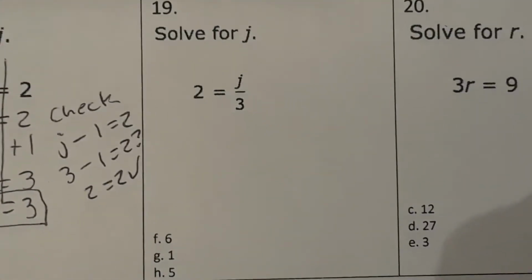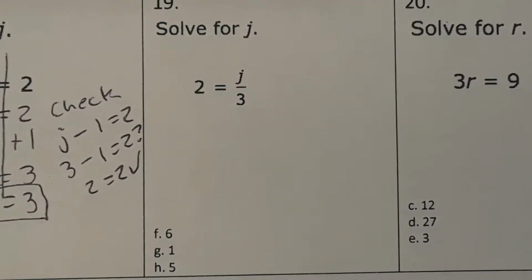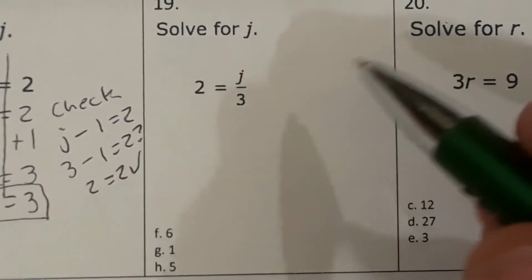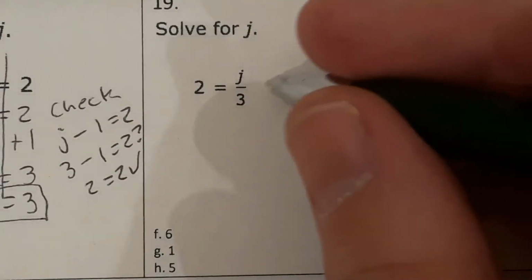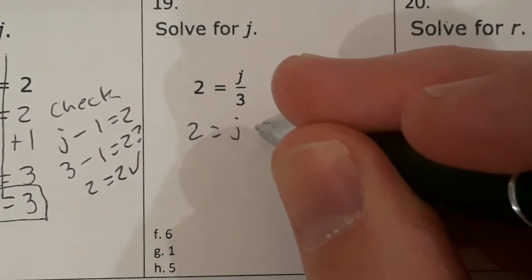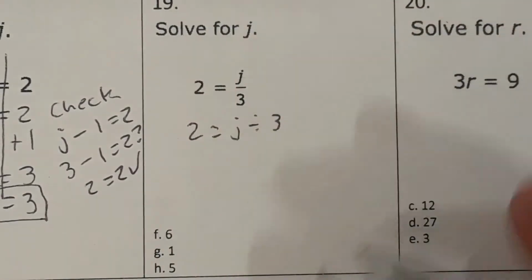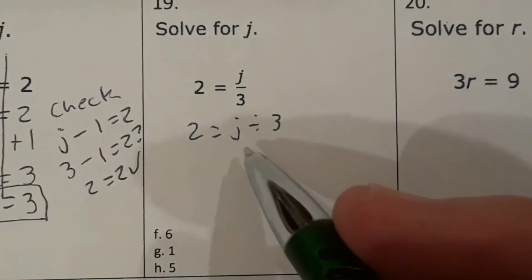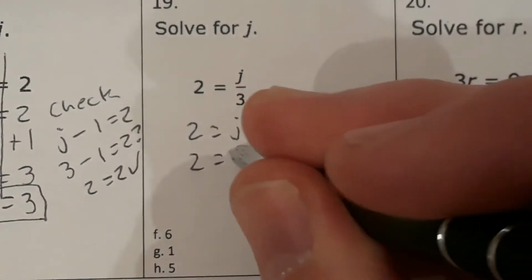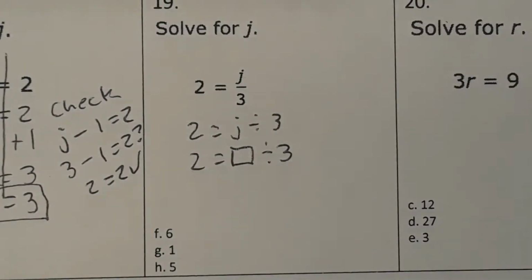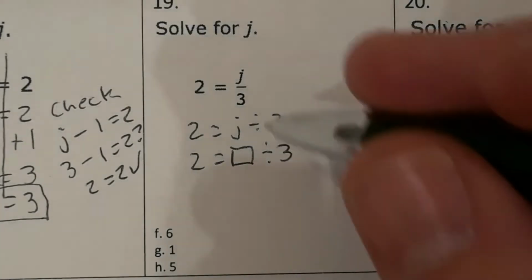Alright, number 19. Solve for Jack in the Box once again. Now notice our variable is on the right side. It really doesn't matter. So this equation says 2 equals J divided by 3. Well, I don't like J because it's a letter of the alphabet, makes 8th grade hard, and so forth. Well, 2 equals something divided by 3. There we go. That just made it way easier. Okay, now I need to do the opposite.